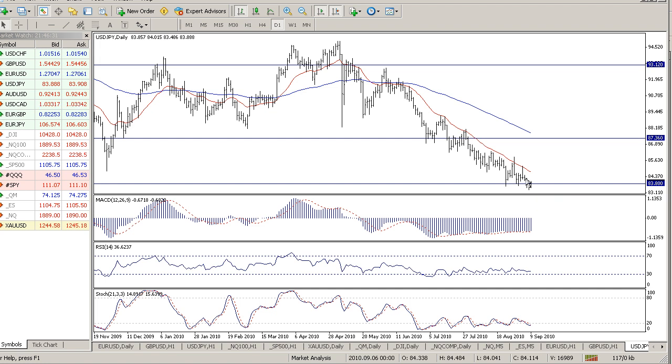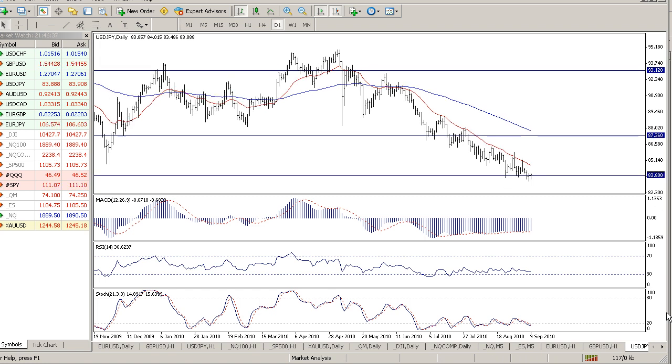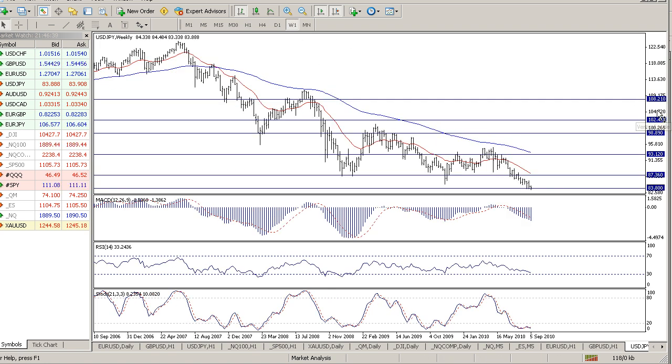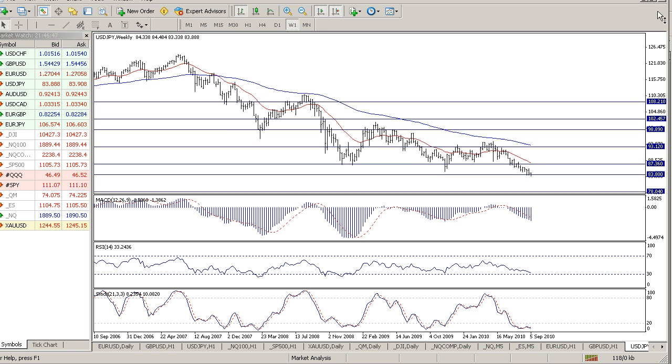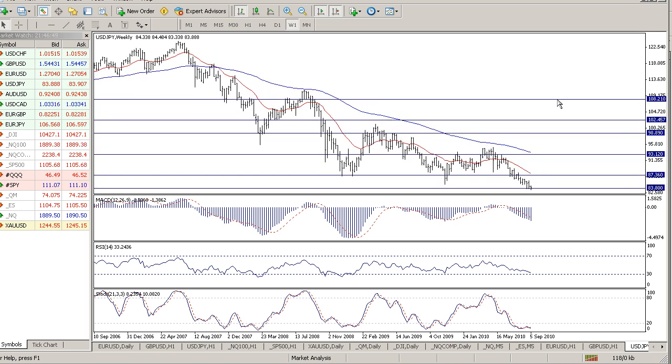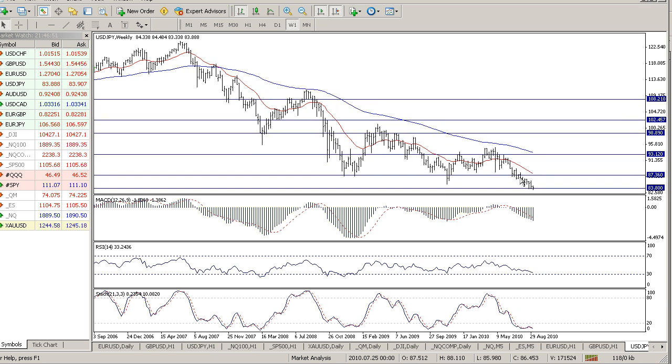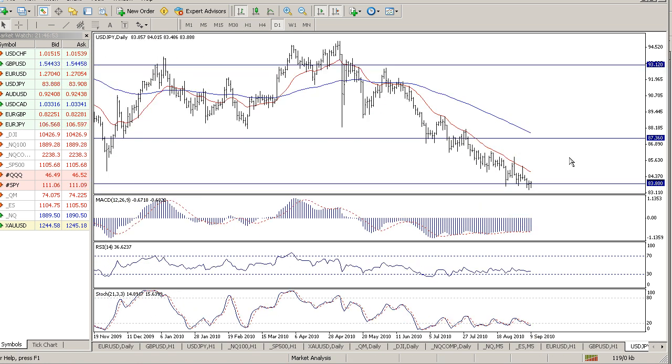I thought that if this support was broken, a downside acceleration was likely, if we go to the weekly chart, toward the next significant level far below at 78.04, so far below. But so far there was no downside acceleration here. The trend is of course down, and one should respect it.